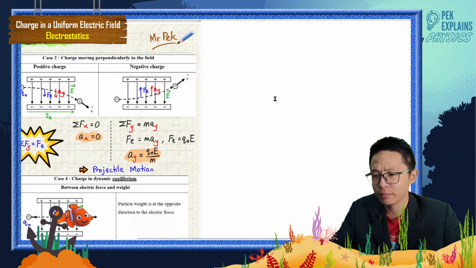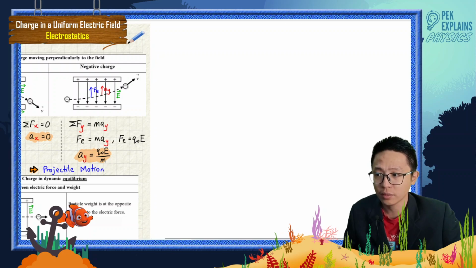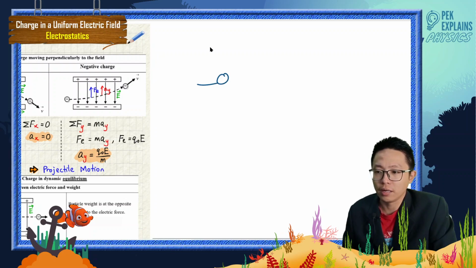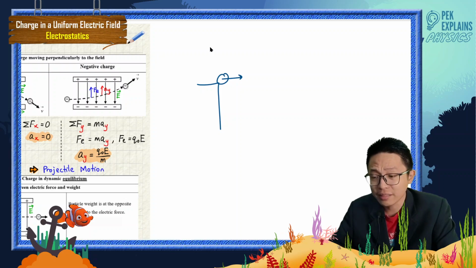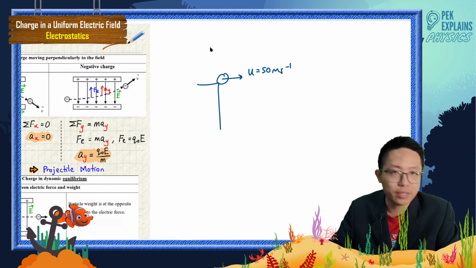Still remember what we have learned before in semester 1? We learned about projectile motion, like the ball. You kick the ball with a horizontal projectile, with 50 meters per second. So will the ball just go straight forward?